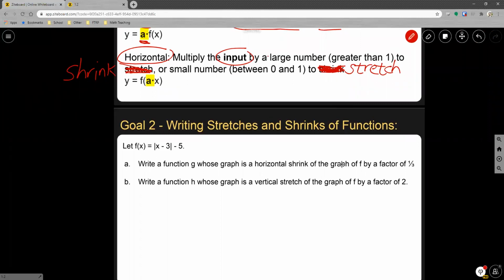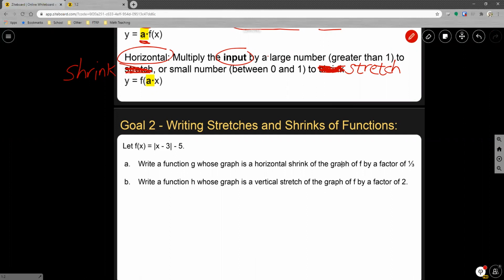So I've got goal 2, writing stretches and shrinks of functions. I'm going to take f of x, which in this case is the absolute value of x minus 3, minus 5.